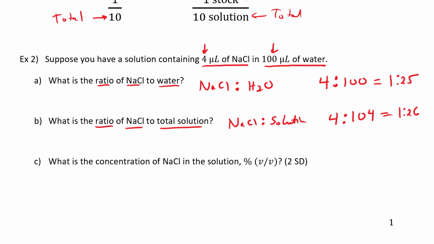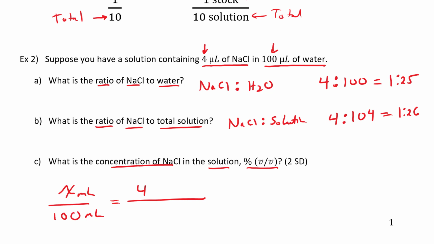Last question here, what's the concentration of my final solution in percent volume by volume? Well, remember, percent volume by volume, I'm going to have mils on the top and mils on the bottom. My solute is on the top, 4 microliters of my solute, which is sodium chloride.